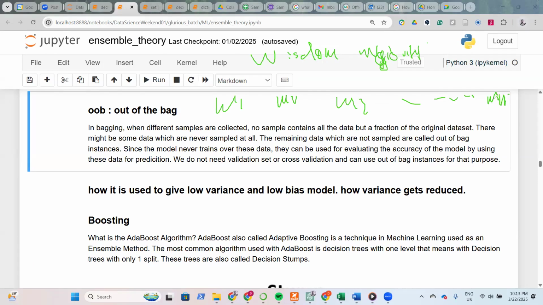Now, when you give it a data set, say that data set has 100 records, you split that data into 80, 20, for example, and then you send it the train data. This is your full data set.